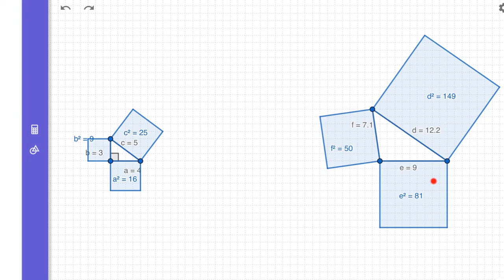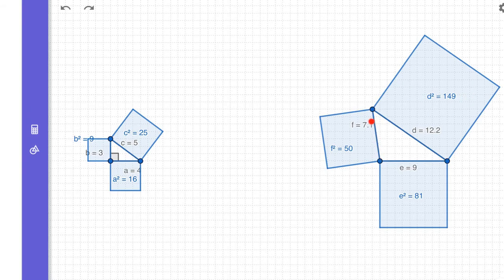So on the right here, we have this triangle. There's no square in one of the corners of the triangle, so this is not a right angle triangle. And if we took the square of each smaller side, so we have a side here of length 7.1 and a side at the bottom of length 9, if we took the square of those two sides, we shouldn't get the square of the biggest side.